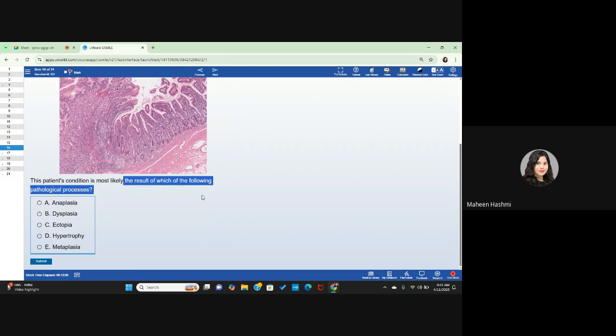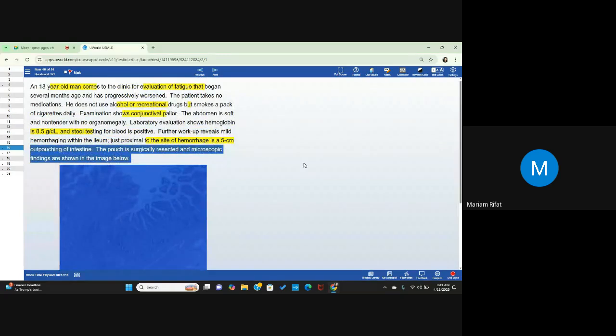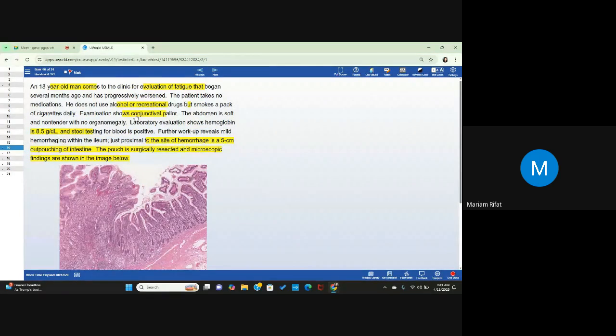The patient's condition is most likely the result of which of the following pathological processes? It's Meckel diverticulum, because of its location. They have told us the site of hemorrhage is a 5 centimeter outpouching of the intestine, within the ileum, just proximal to the site of hemorrhage.